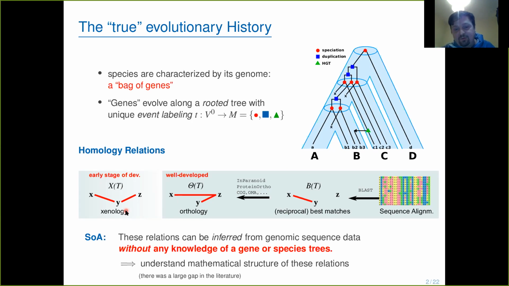And this is where I have worked heavily in the last years, to understand all these different types of relations and try to get an idea of their characterization and also the complexity of editing processes and so on. And today I'm going to talk about this particular xenology relation, a relation that is defined in terms of horizontal gene transfer.